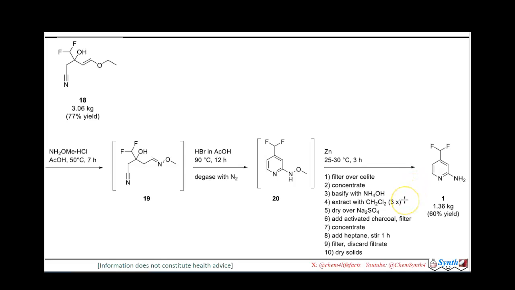Extraction was done using DCM, and then it was passed through anhydrous sodium sulfate, and that solution was treated with activated charcoal and filtered, followed by removal of the solvent to get the crude material, where heptane was added and stirred for 1 hour to precipitate out the material, which was filtered to get the solid material, and the solid was dried to get the desired compound.